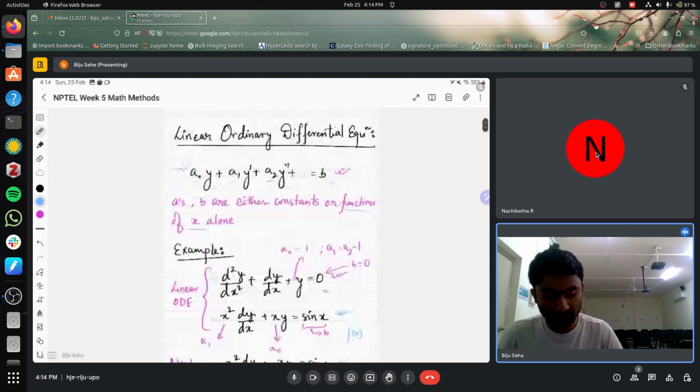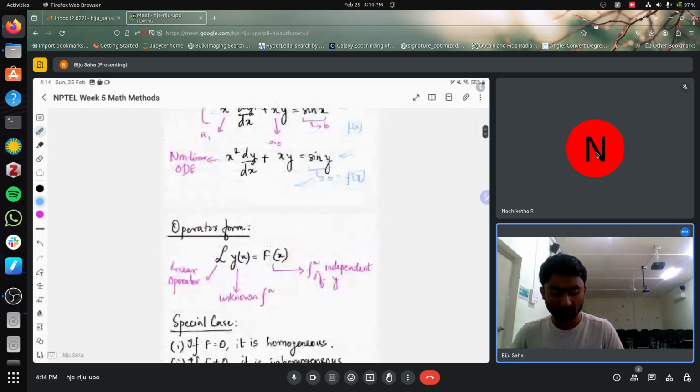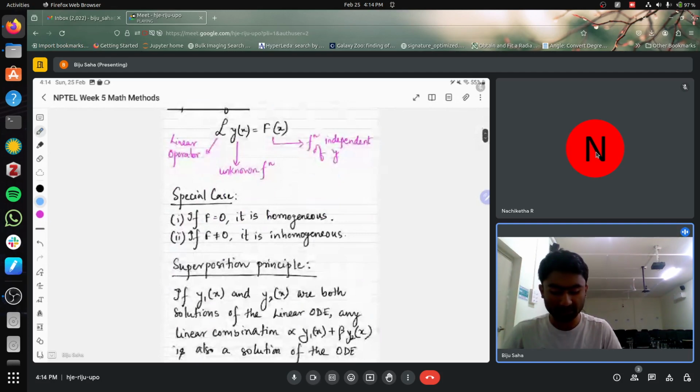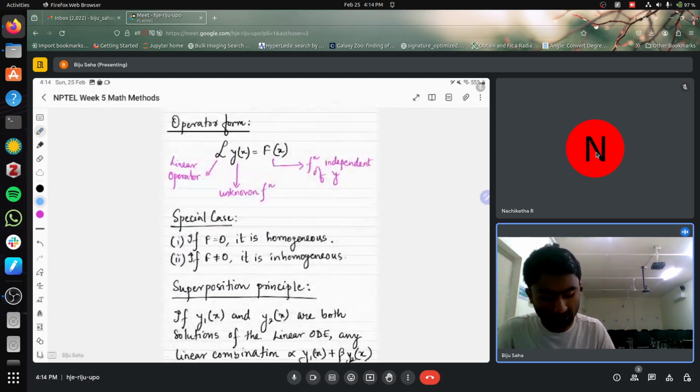So we have almost the same definition, but expressed in terms of operators. Now let us come to the special cases of this differential equation. If my function f is equal to 0, then we consider that to be a homogeneous equation. If f is not equal to 0, that is the inhomogeneous category.